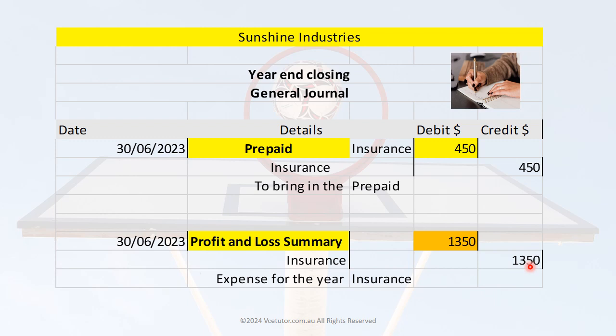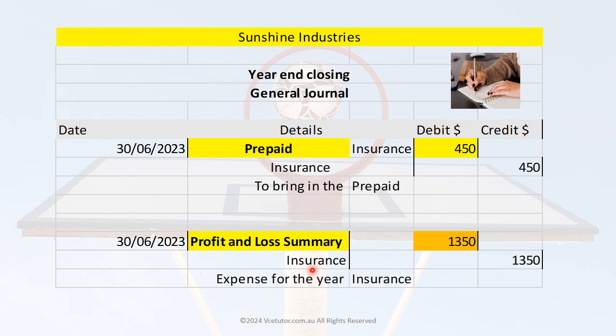Where this 1350 came from, we had in the previous PowerPoint slide: 1350 as the amount of insurance used up before 30th June 2023, 9 months of 150 each. This is for 9 months, this is for 3 months, and the total 1800 was taken as an expense at the time when it was paid.